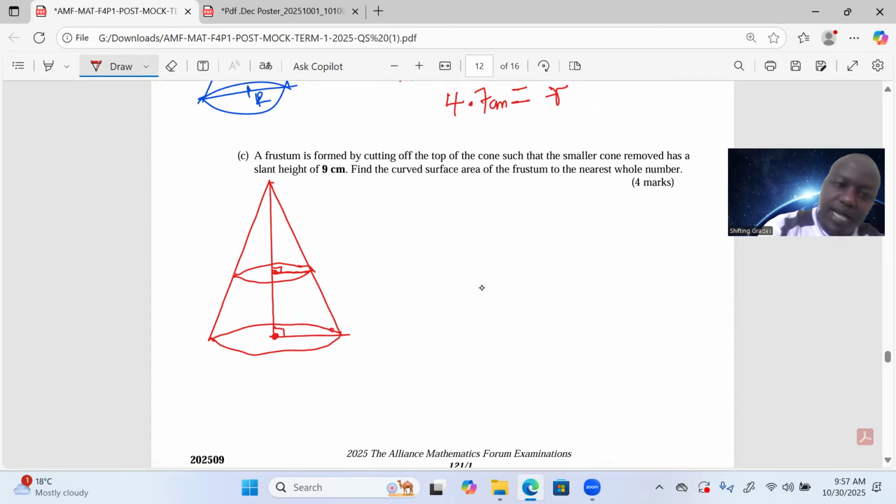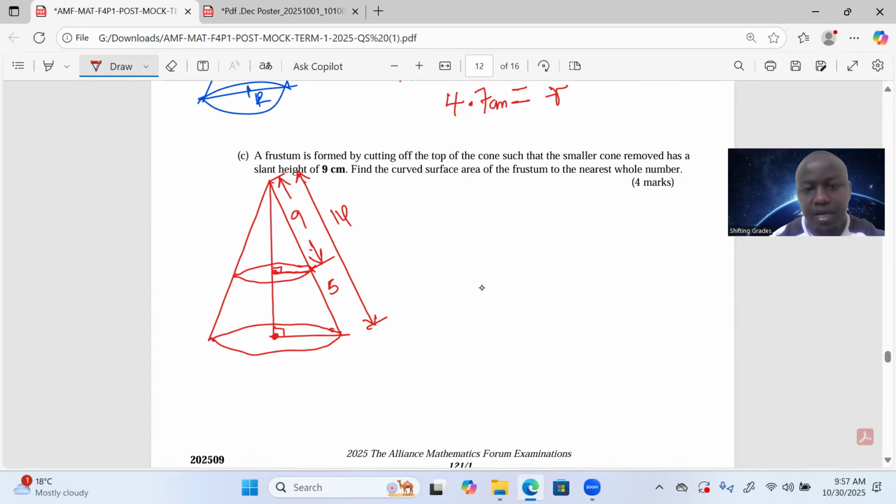Meaning that the slanting height of 9 has been cut off, and the total was 14, so it has left 5 here. Remember, the total slanting height was 14. So the slant height being cut off here is 9. The smaller cone removed has a slant height of 9.